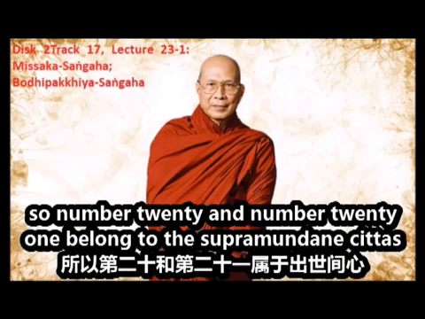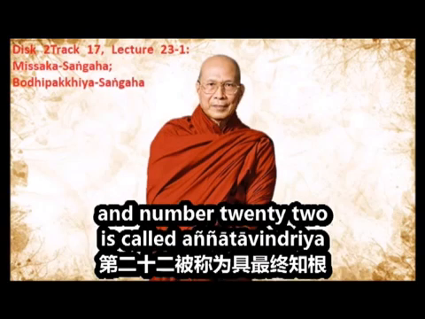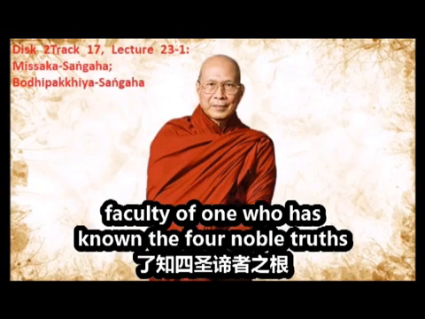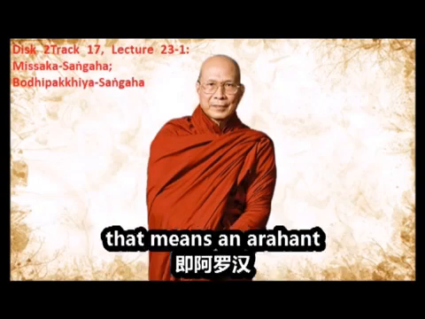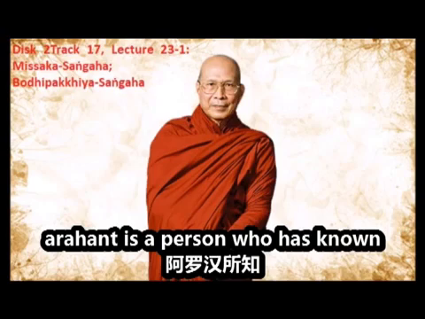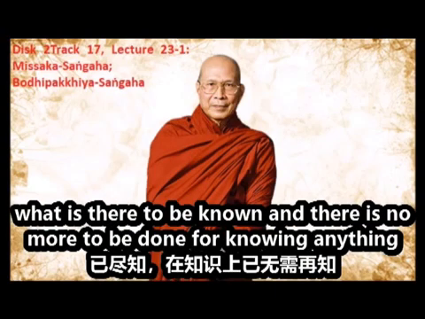Both number 20 and number 21 belong to the supramundane Cetas. And number 22 is called Anyatavindriya, faculty of one who has known the 4 noble truths, who has the final knowledge. That means an arahant. Arahant is a person who has known what is there to be known, and there is no more to be done for knowing anything.